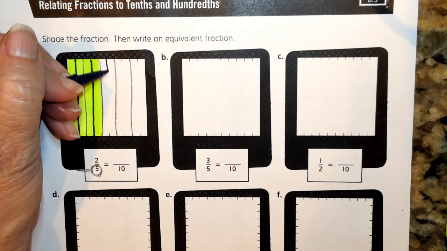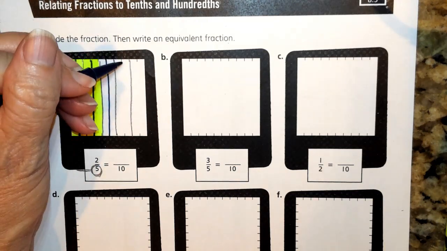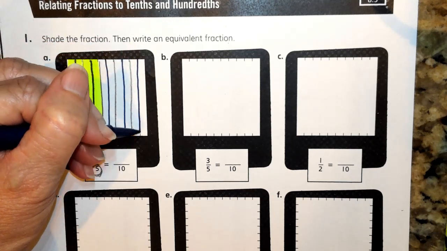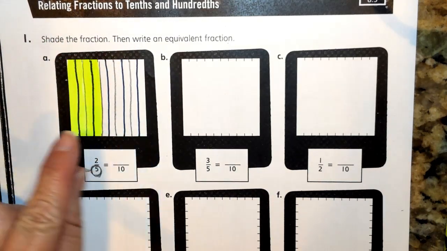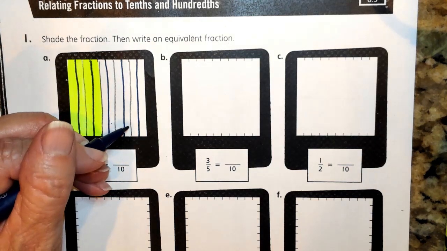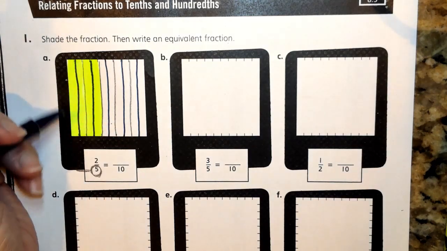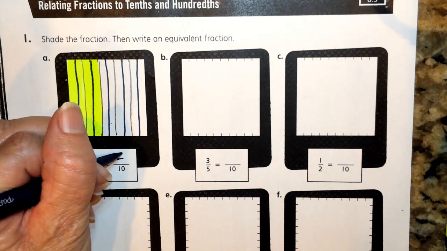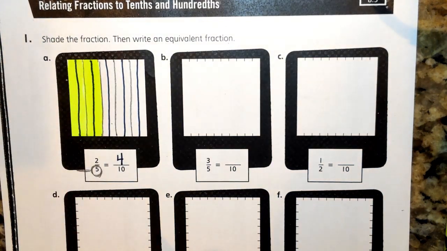So we're basically doubling from fifths to tenths. Now I have 10 equal pieces: 1, 2, 3, 4, 5, 6, 7, 8, 9, 10. And how many pieces are shaded out of my 10? There are 4. So we're going to record 4 as our numerator.